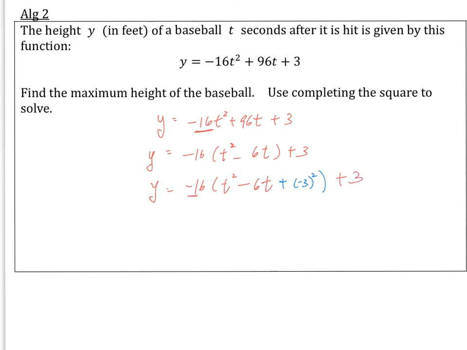So -16 times -3 squared, let's look at it on the side, times, so -3 squared is +9. This will make -144. So because I added -144, I need to add 144 to balance this equation.